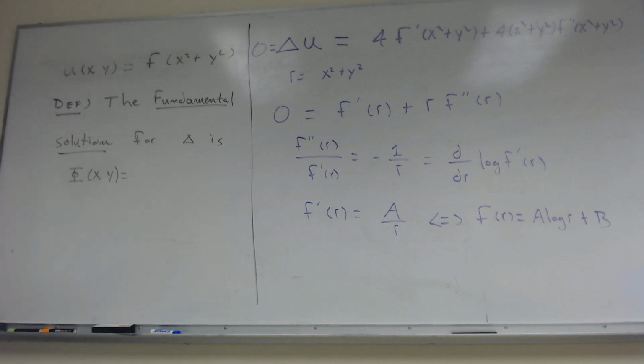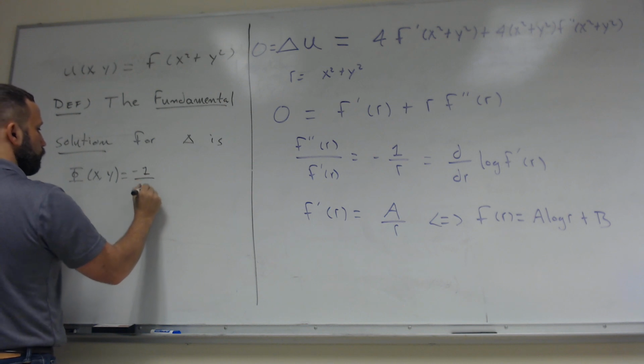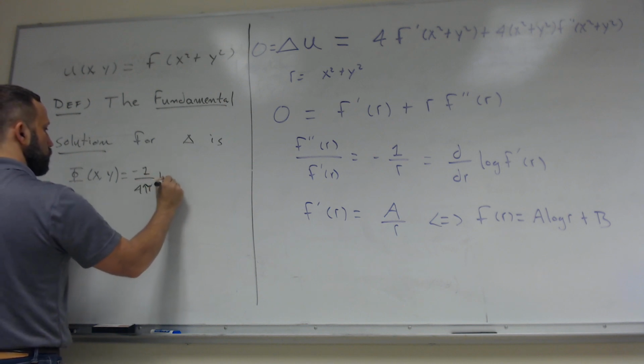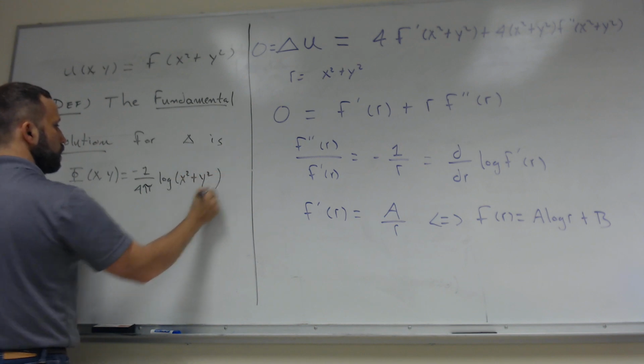I need to make sure that I get this constant right. It is equal to minus 1 over 4 pi natural log of x squared plus y squared.